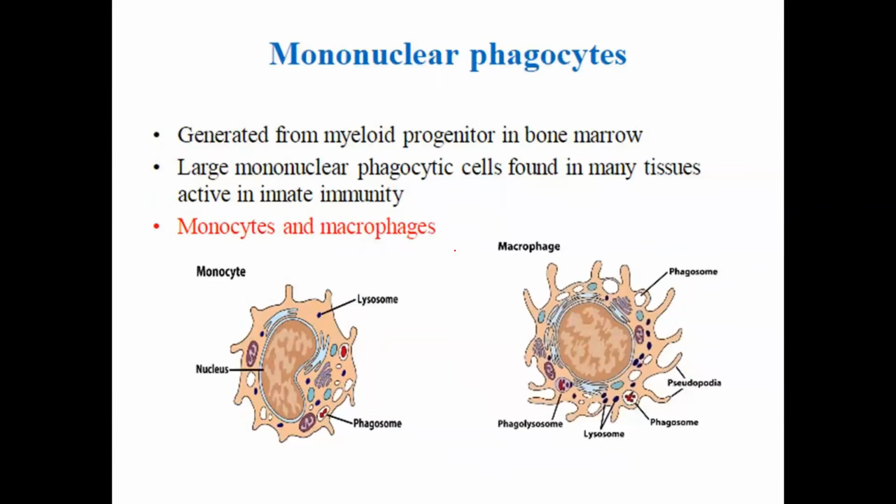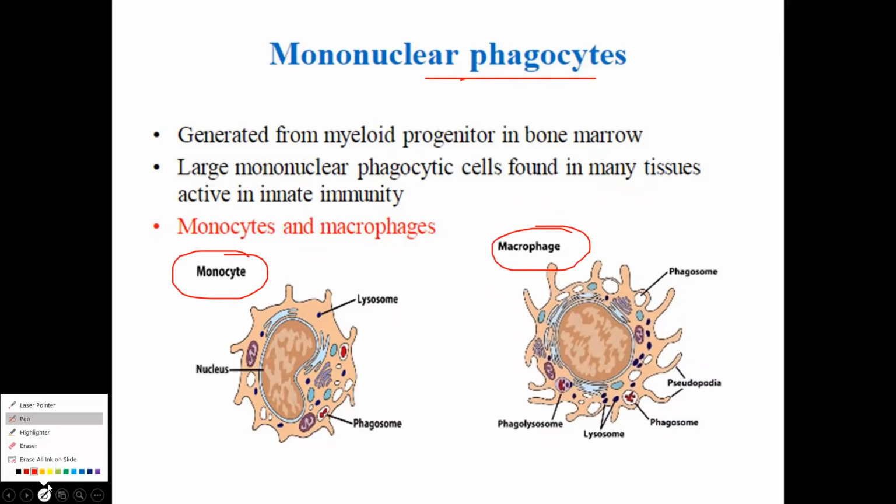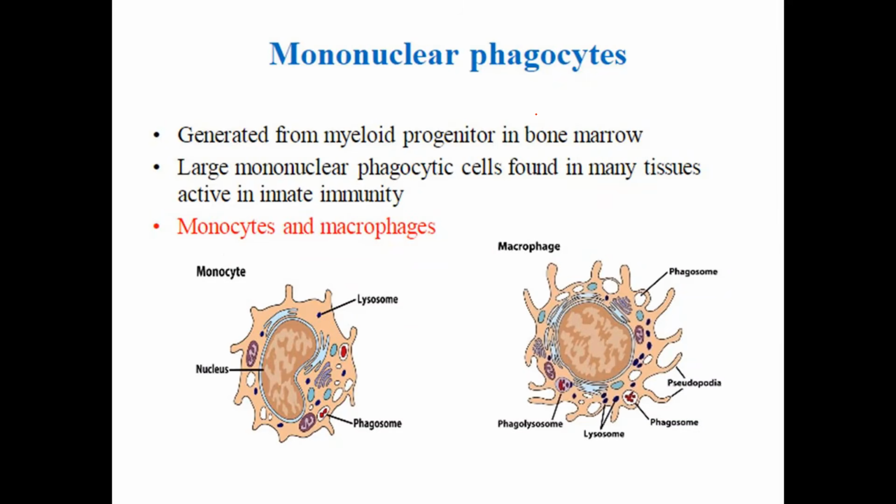So now we are going to study phagocytes first. What are examples of phagocytes? I told you, phagocytic cells: monocyte and macrophage. Most of the students will get confused, first of all, about what is the process of phagocytosis. This is an important question. What is called phagocytosis? All the students listen. Phagocytosis means engulfment of bacteria or engulfment of pathogen.